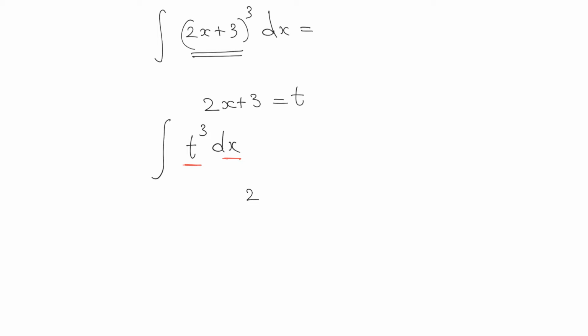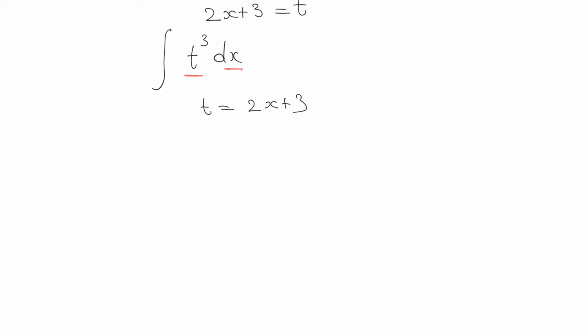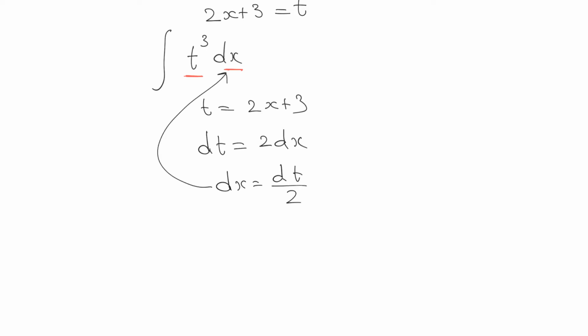For that purpose, we'll differentiate this equation. We know that t is equal to 2x + 3. So if you are differentiating this equation, we'll get a term dt. So we can write dt is equal to 2 dx. That means instead of this dx, we can write dx is equal to dt divided by 2, and we can substitute this value over here.